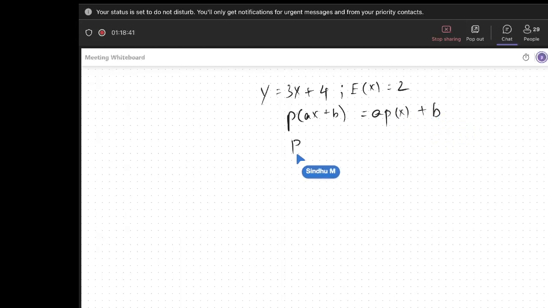Here the expectation of y will be, you just have to substitute the values, 3 into expectation of x, which is 2, plus this b value will be 4. So the final answer will be 10. So you just have to substitute the values into the formula.